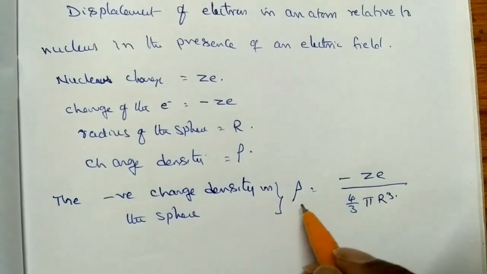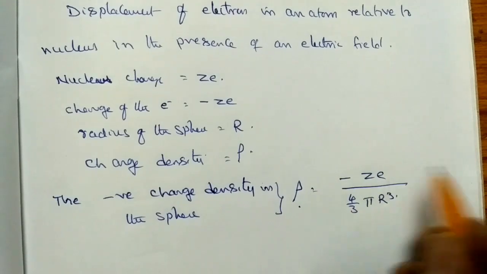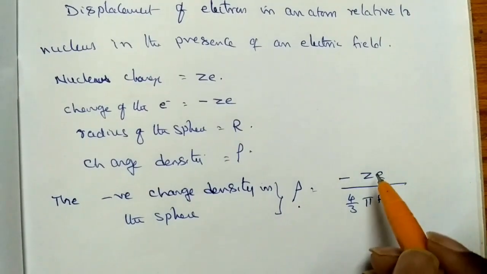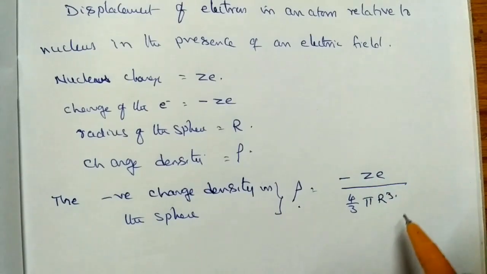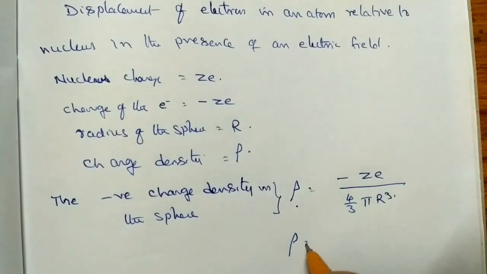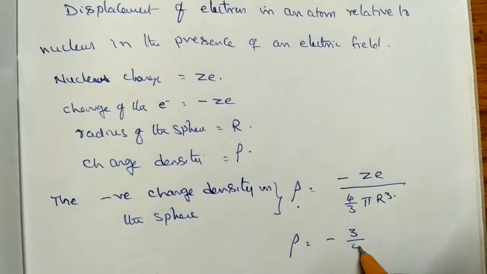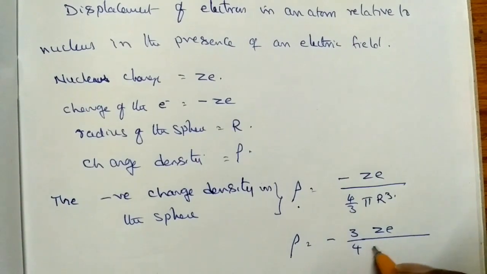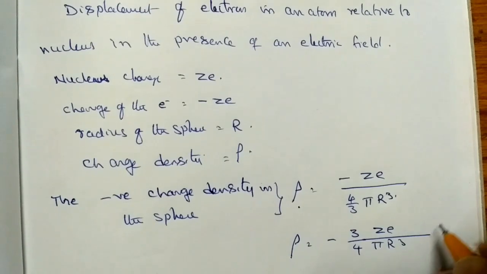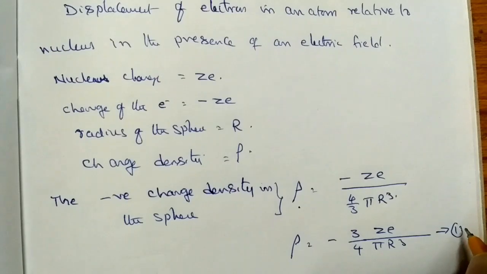Generally density means mass by volume, but here there is no question of mass. So the charge by volume, then rho is equal to minus 3 by 4 Ze by pi R cube. This is equation number 1.